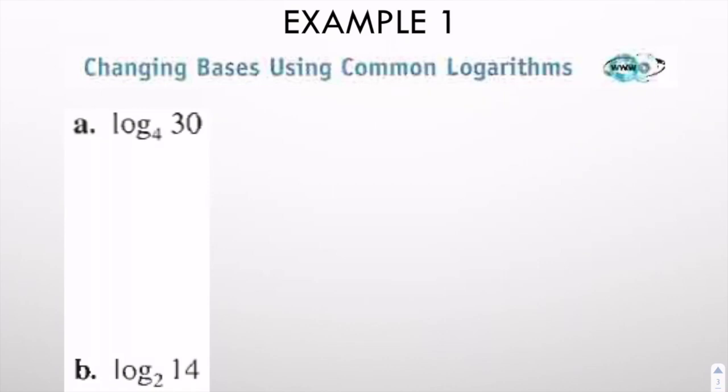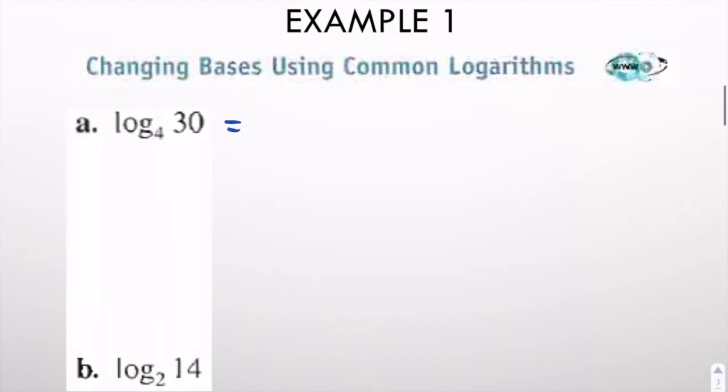So here in example 1, we're going to be using the change of base formula using common logarithms. So look at what we have here. We're saying log base 4 of 30, and we can rewrite that then as log of 30 divided by log of 4.